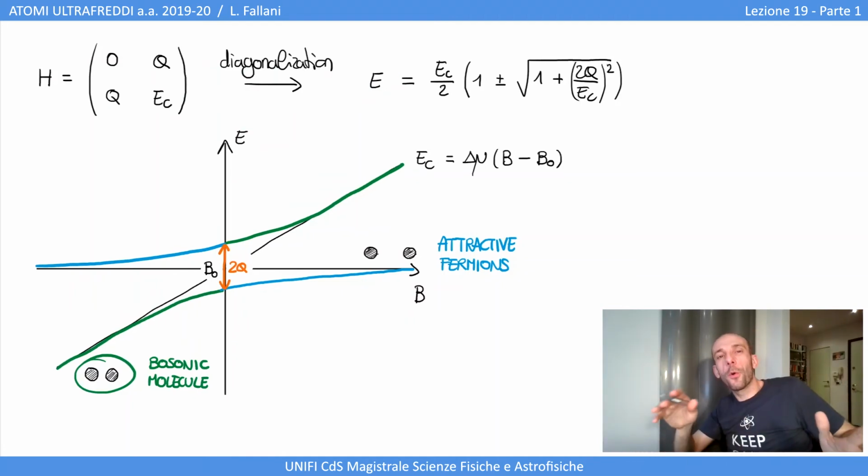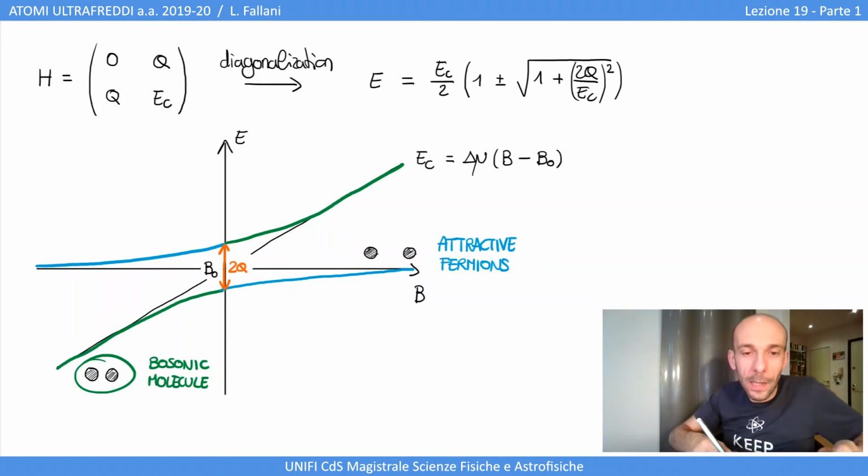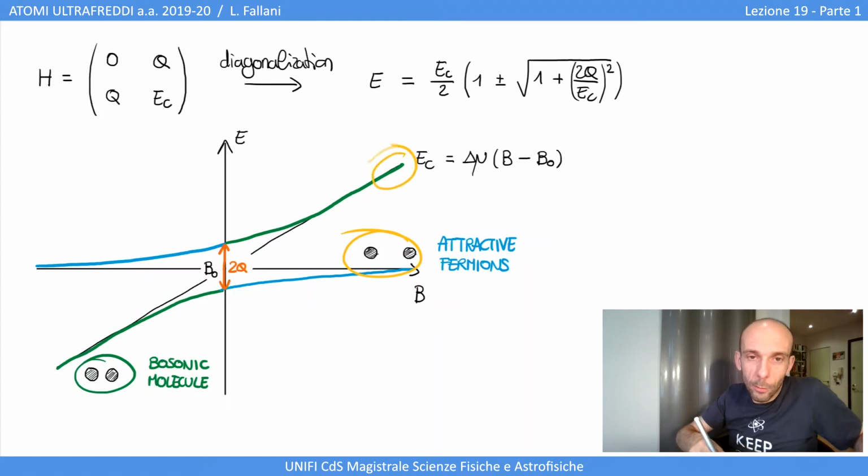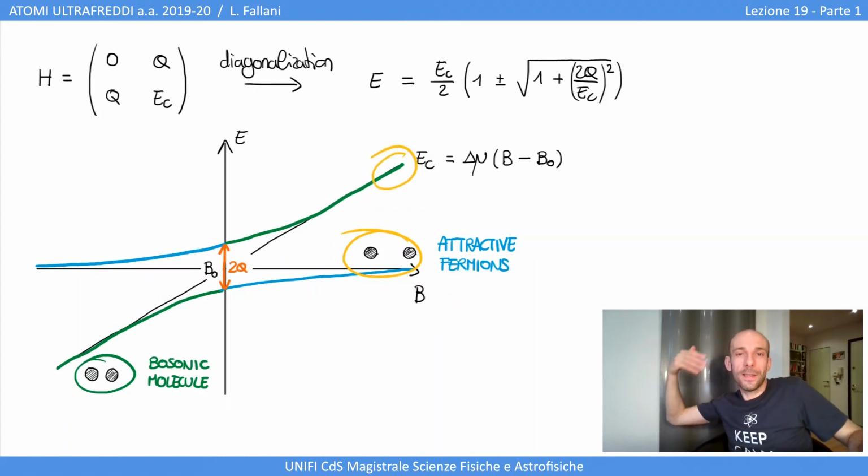And let's first consider what happens in the two limits of a magnetic field that is much larger than the resonance field and much lower. So when it is much larger, the lowest energy state is given by the scattering state in the open channel, because here the molecular state in the closed channel has a larger energy. But it becomes the opposite when the magnetic field is smaller than B0.